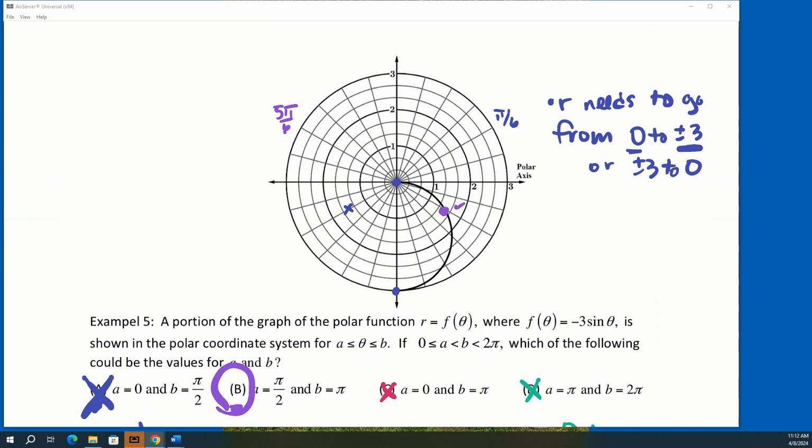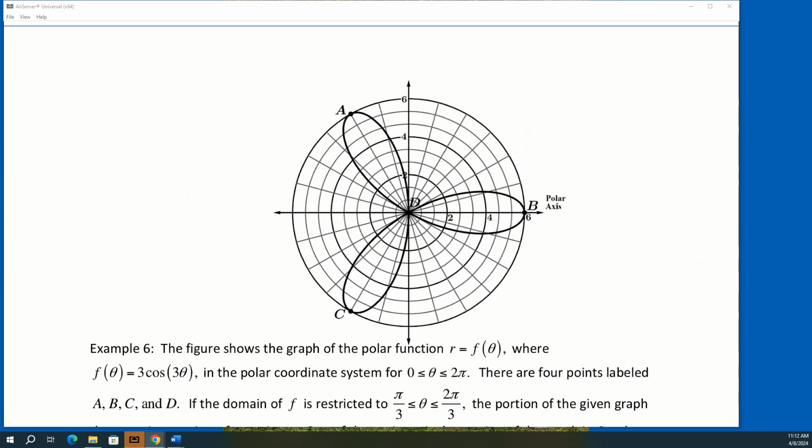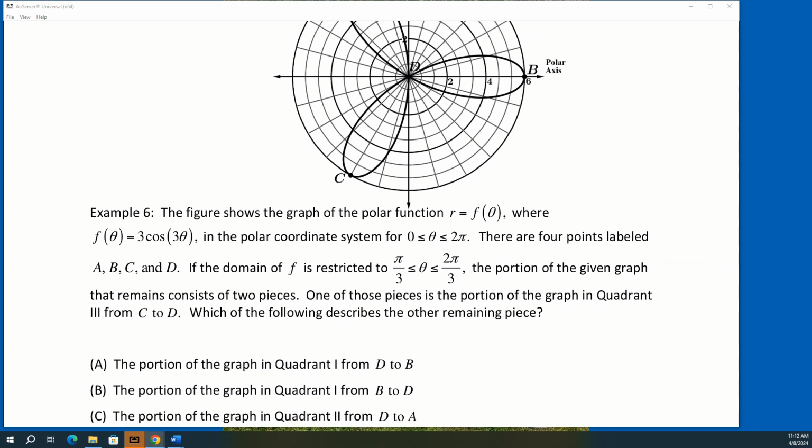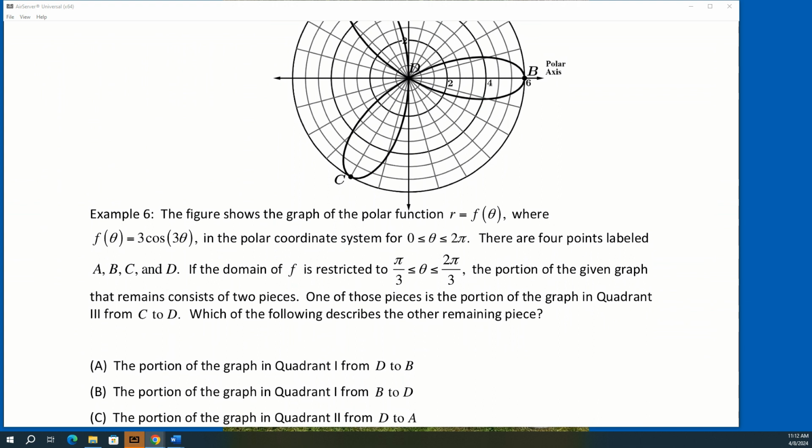All right, one more type of problem that I've seen on the practice tests that they really like. So I have the full graph of f of theta equals 3 cosine of 3 theta. But we are going to restrict the domain to this.